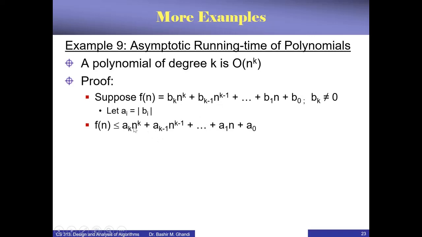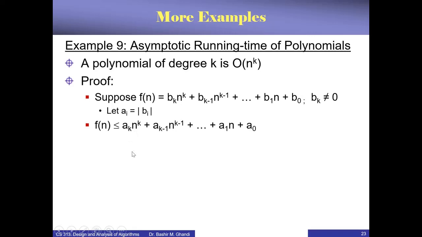So this is obviously true, because if ai is the absolute value of bi, then some of this may be negative, and therefore the result when you add them all will be less than if all of them are positive. So with that in mind, suppose now we replace all the other terms, n to power k minus 1, n to power k minus 2, suppose we replace them with n to power k.